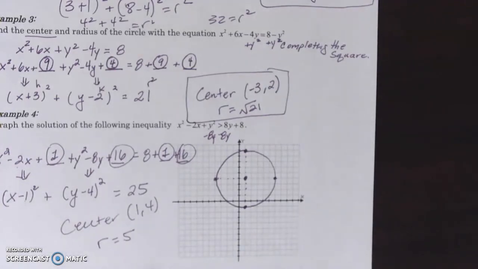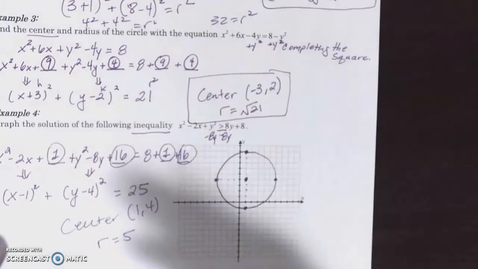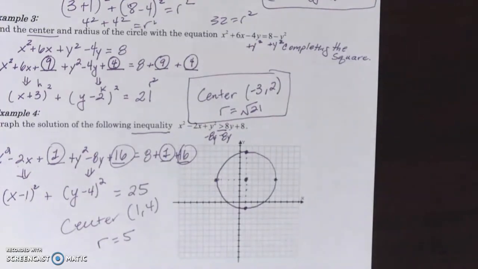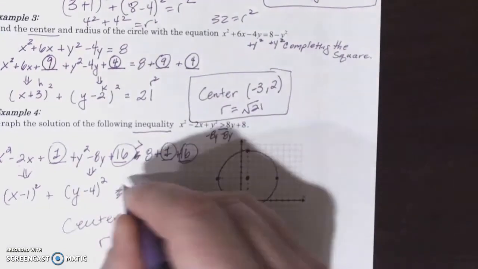Now we did say that this was an inequality. And from algebra and algebra 2, you should know that when we graph the solution to an inequality, it's really a set of points, a shaded area, if you will. What this means, and I'm sorry, these really should be greater than signs.